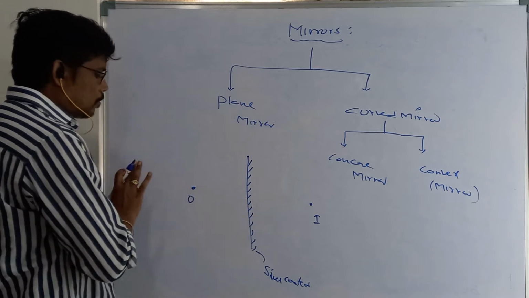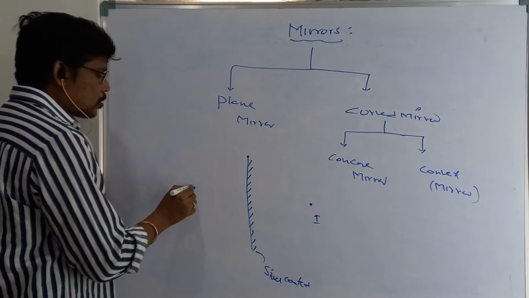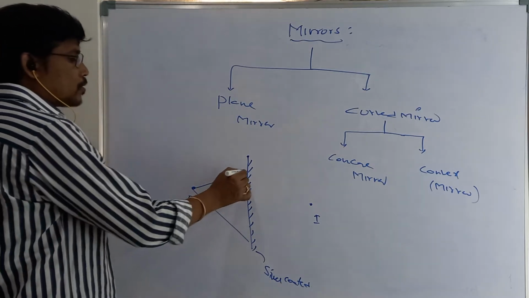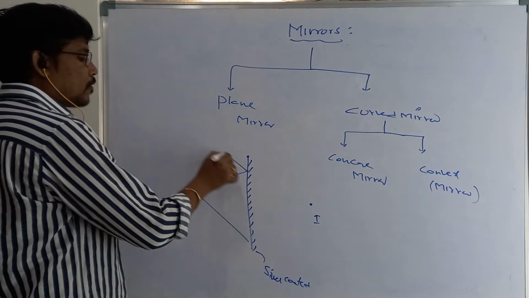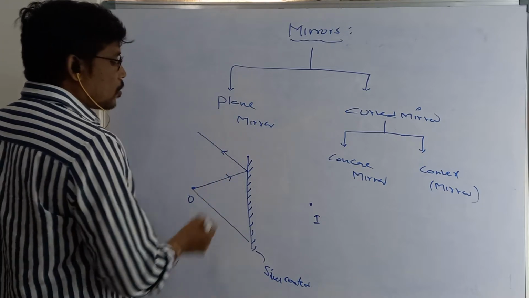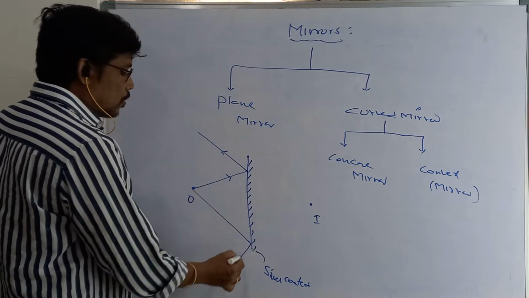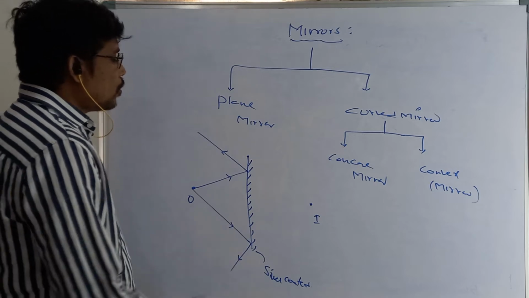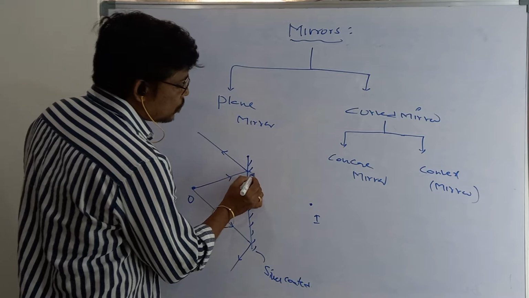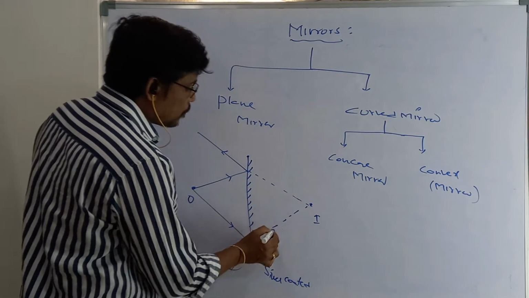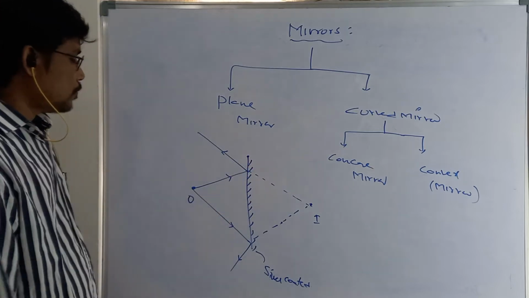When light is incident on this object, the light will be reflected. It follows the laws of reflection, as you know. Now if you extend these rays, this is the image.